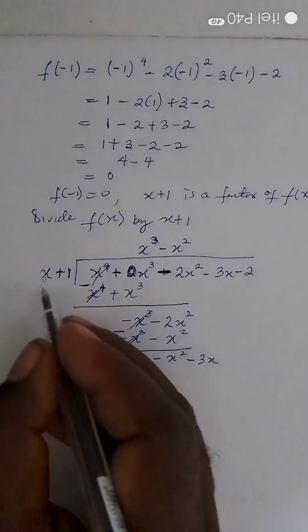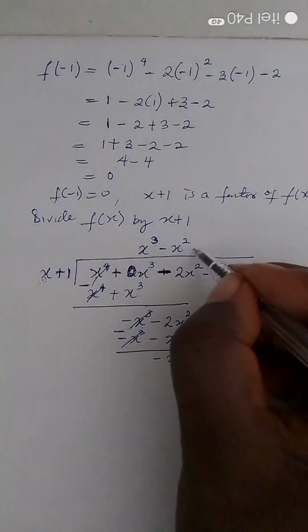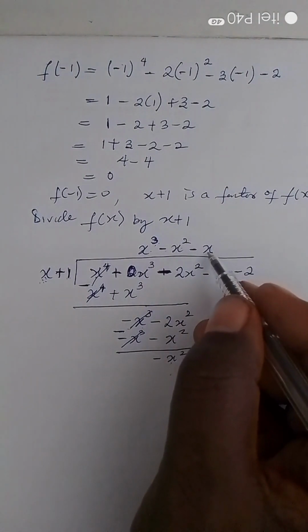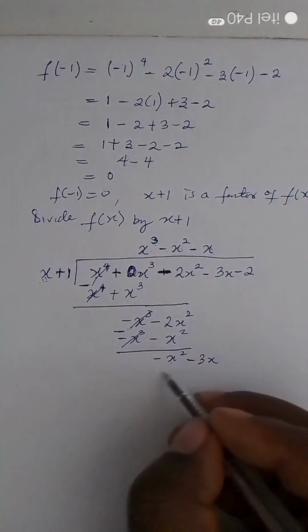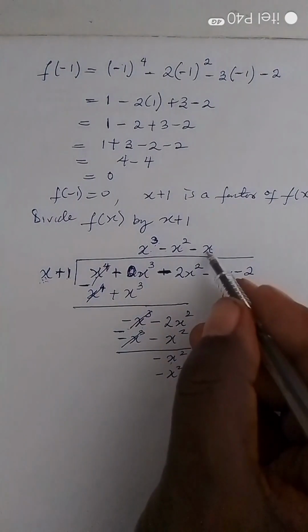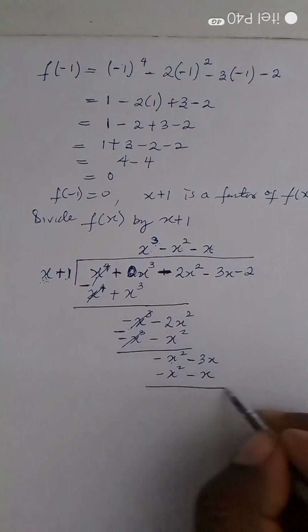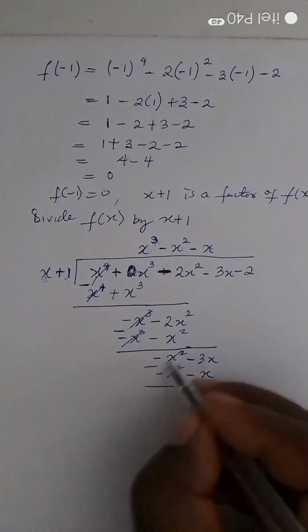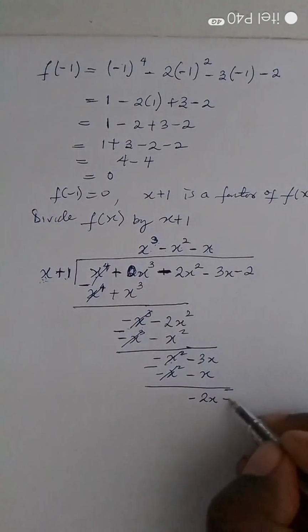We go again and say x will go in minus x squared, that will be minus x. Then minus x times x will give us minus x squared. Then minus x times plus 1 will give us minus x. And so once we subtract that, this and this will cancel out. So we have minus 2x. Then of course we bring down minus 2.